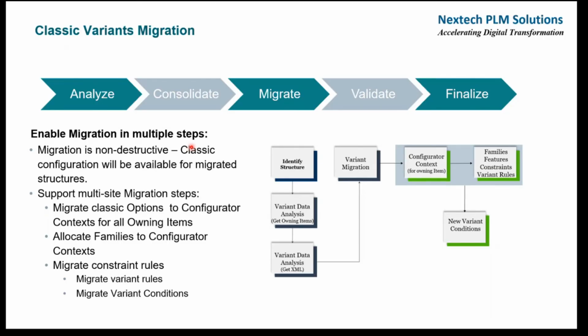There are certain standard sets of tools given by Siemens which we can utilize, and through this kind of process, we can do an effective migration of old classic options and variants into the new PCA based variability.